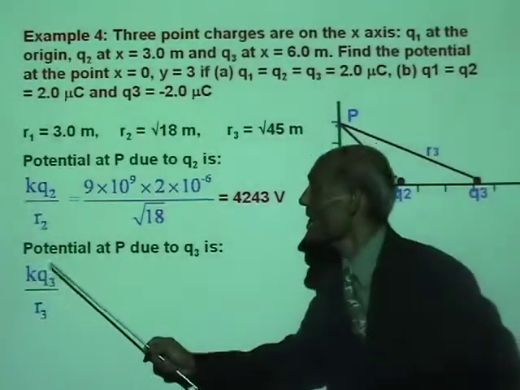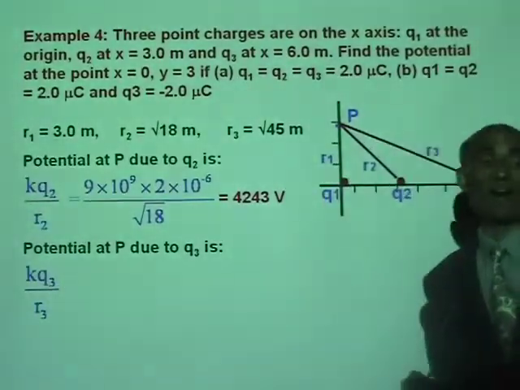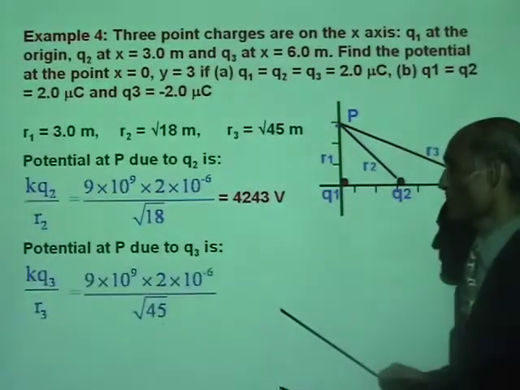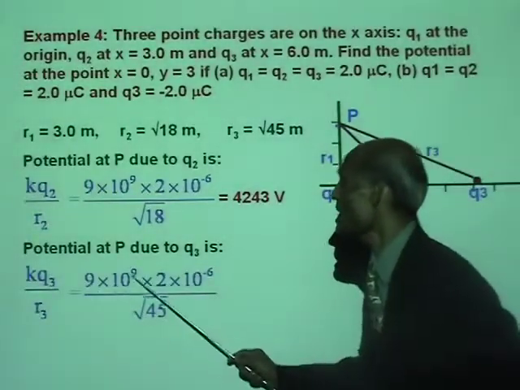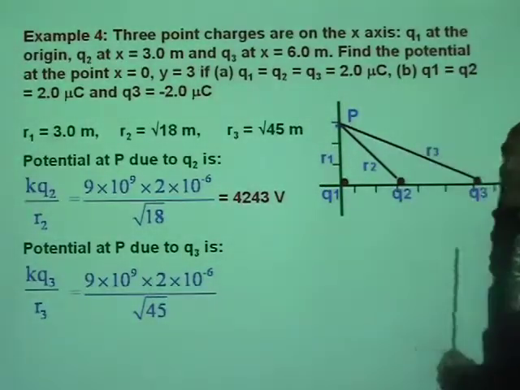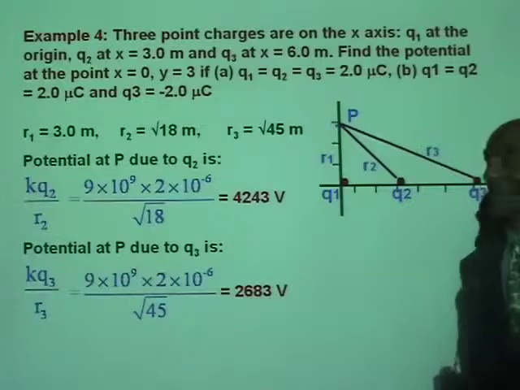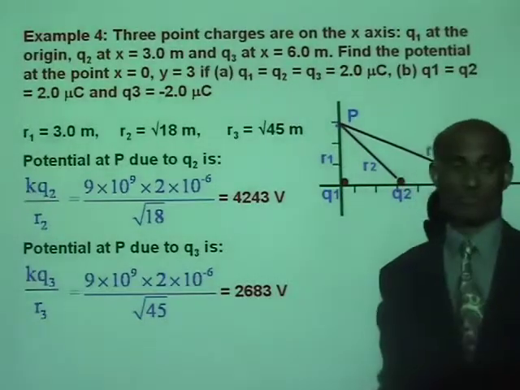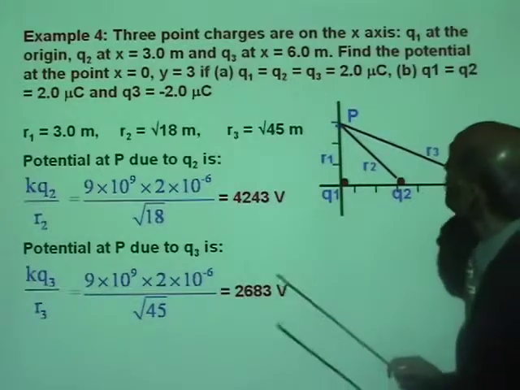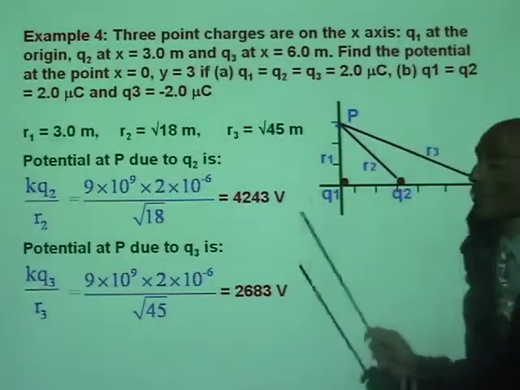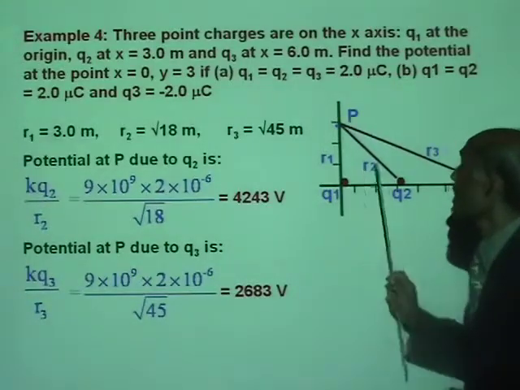It will be KQ3 divided by R3, and we know all those values. So just plug in those values. K times Q3, which is 2 microcoulomb, over R3, which is square root 45, and that is 2,683 volts. Therefore, what is the total potential at this point? All the potentials are positive.